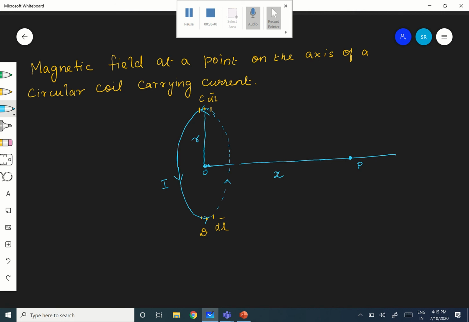Now I need to find out the field at P due to I dL at C, so I need the position of P with respect to I dL at C.